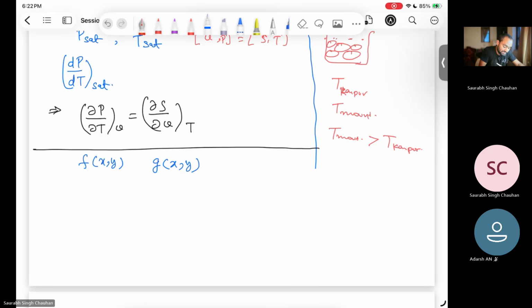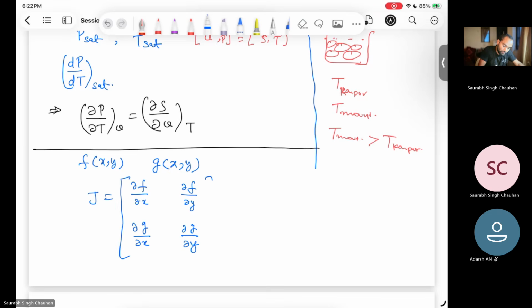First, let us write the Jacobian matrix. The Jacobian matrix of these two functions f and g with respect to x and y is written as the partial derivative of f with respect to x, the partial derivative of f with respect to y, and the partial derivative of g with respect to x, and the partial derivative of g with respect to y.